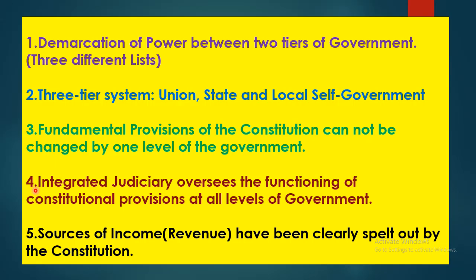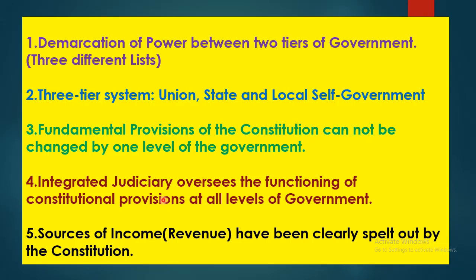In point number 4, children, you can mention that an integrated judiciary oversees the functioning of constitutional provisions at all levels of government. Integrated judiciary means we have one single judicial system for the whole country, and the Supreme Court is the highest court, the apex court of the country.